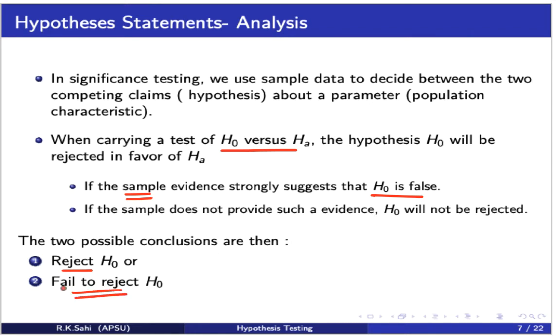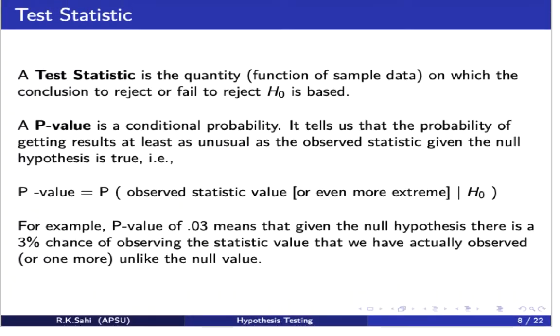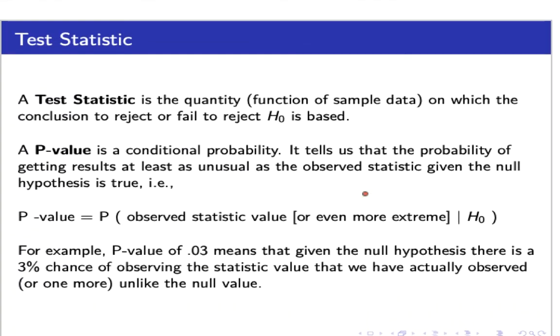That's the whole idea. We take a random sample data to make our conclusions, whether to reject or fail to reject the null hypothesis. Now, in order to do that, we need something called a test statistic. Okay? What's a test statistic?